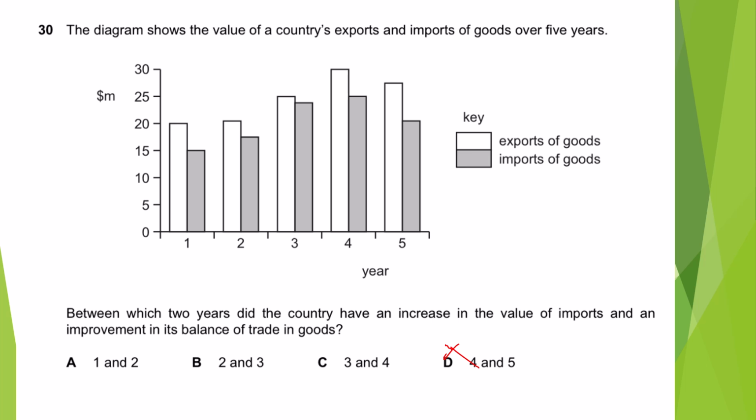What else? An improvement in the balance of trade. Balance of trade means the difference between export and import, and there is an improvement. Everywhere exports are more than imports, but here the difference is this much, that is 5. Here the difference is around 2. Here the difference is 1.